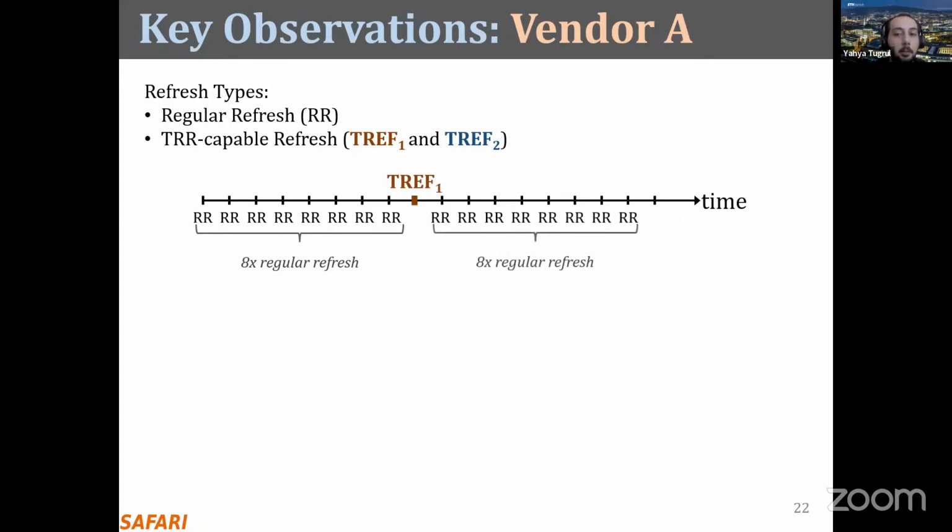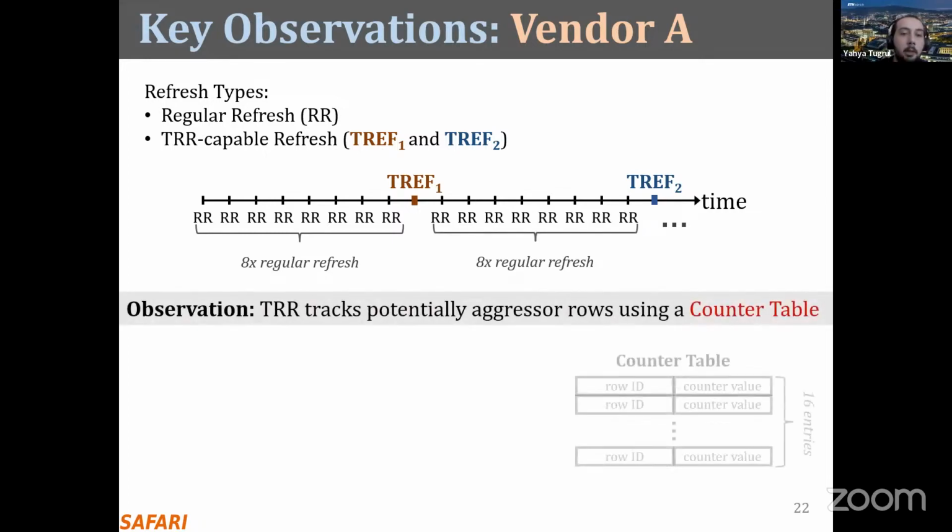The next 8 refresh commands perform regular refreshes, and the 18th refresh command performs TRF2. Overall, the TRR mechanism uses every 9th refresh command to perform TRF1 and TRF2 in an interleaved manner. Let's look at how TRF1 and TRF2 work.